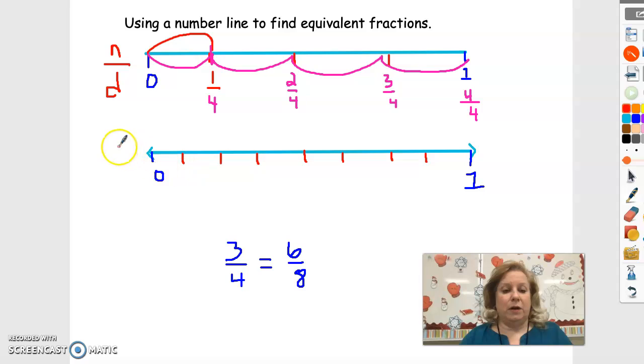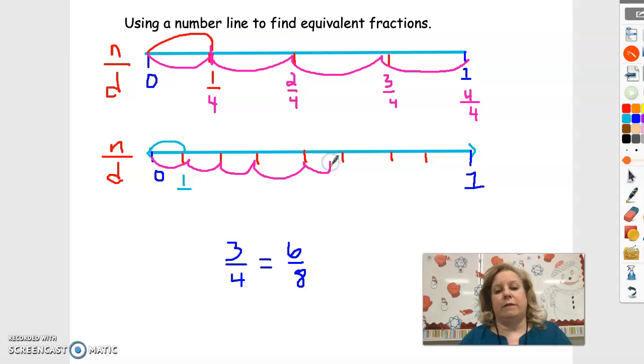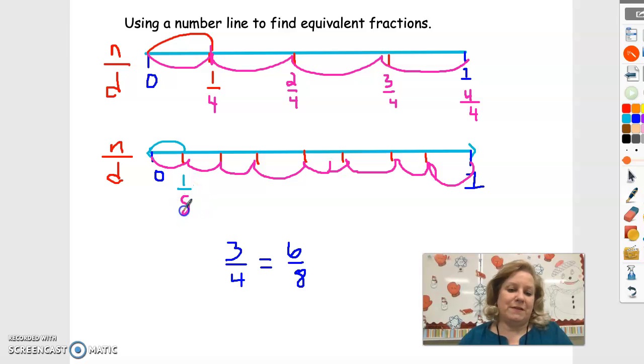All right, so we go numerator, denominator. We count over 1, so we know our numerator is 1. And then we count our parts to see our denominator. 1, 2, 3, 4, 5, 6, 7, 8. Okay, so we know our denominator is 8.